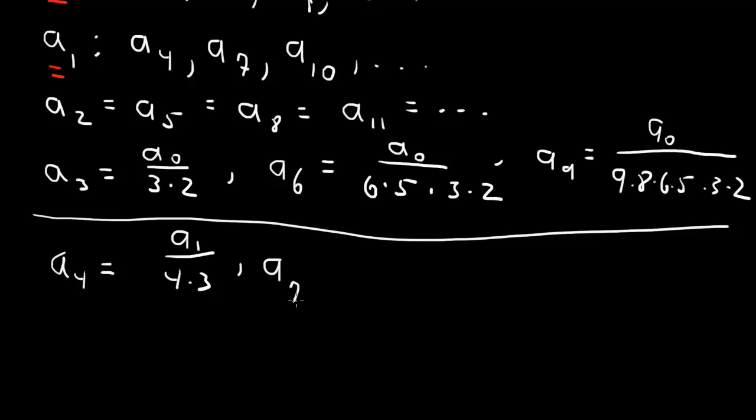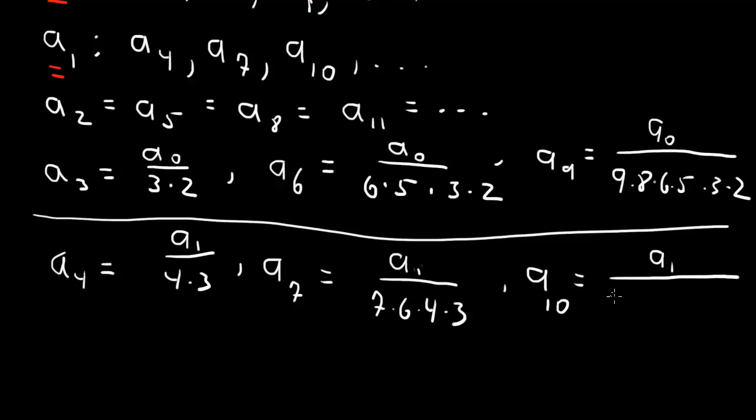So a7 is a1 over 7 times 6 times 4 times 3. And a10 will be a1 over 10 times 9 times 7 times 6 times 4 times 3.